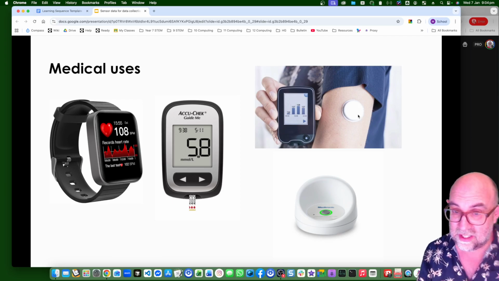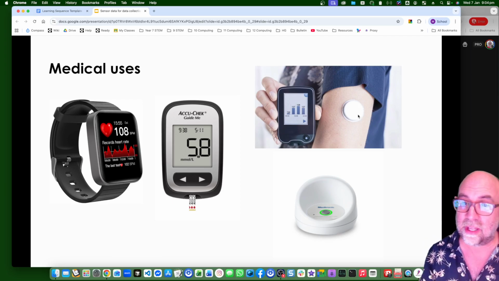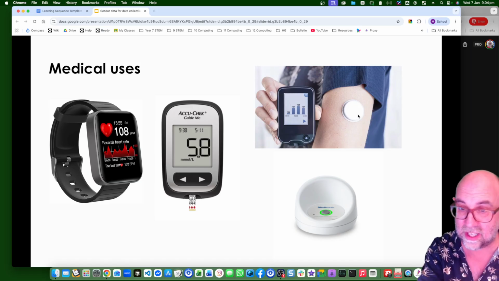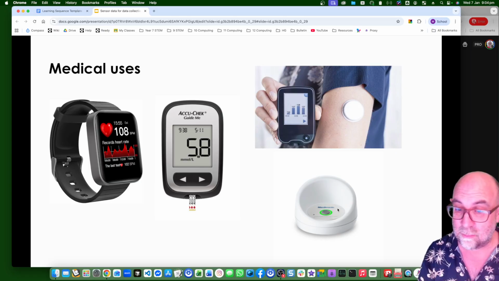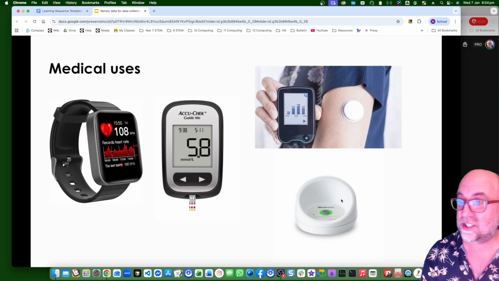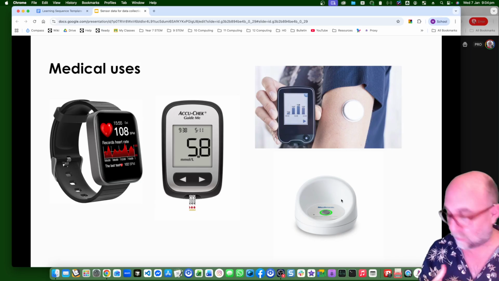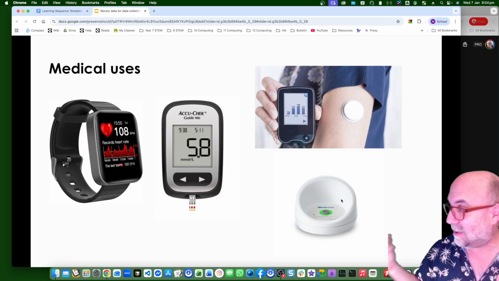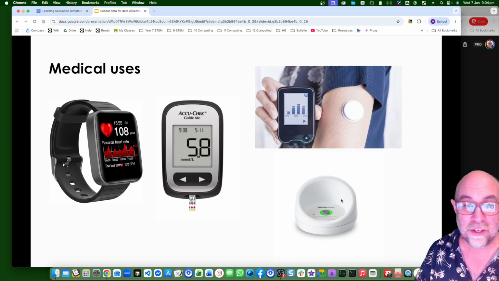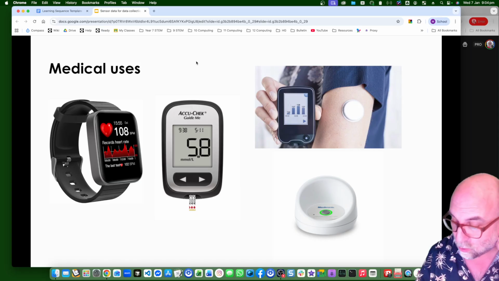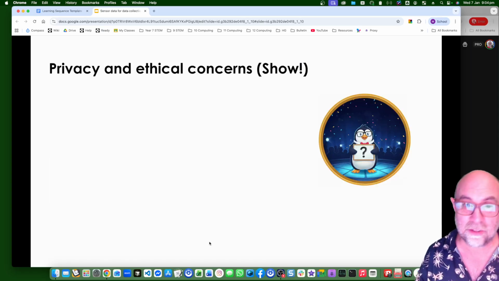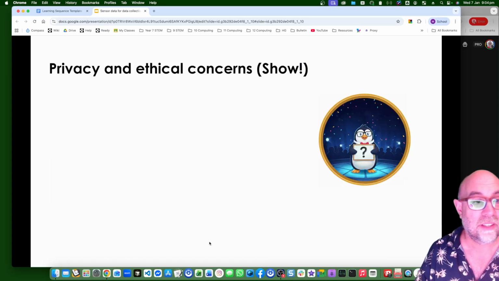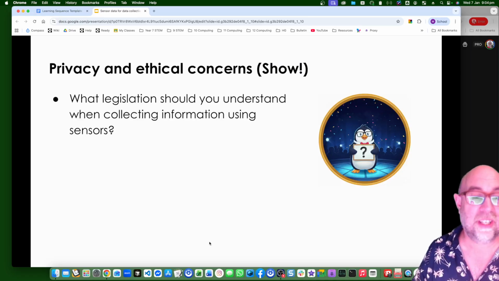These devices sit on your skin, and they've got a sensor in them, and they do the same as one of those, but continuously, because I only check my bloods about once a day. And you have these devices that will get information from a pacemaker in your chest and hand it off to your medical provider so that you can be remotely monitored in terms of the performance of your heart.